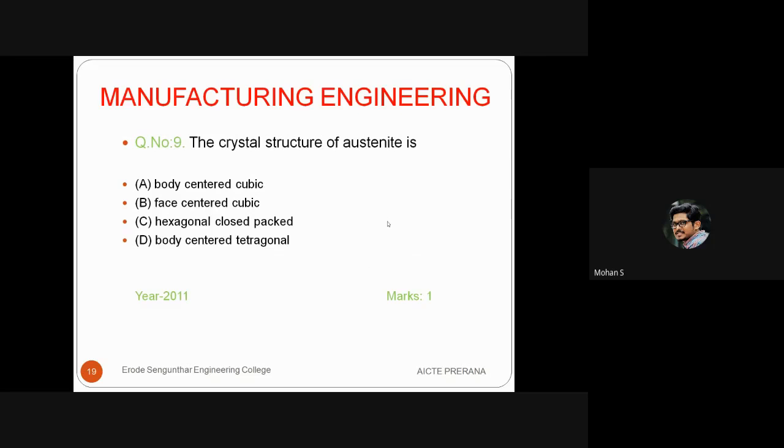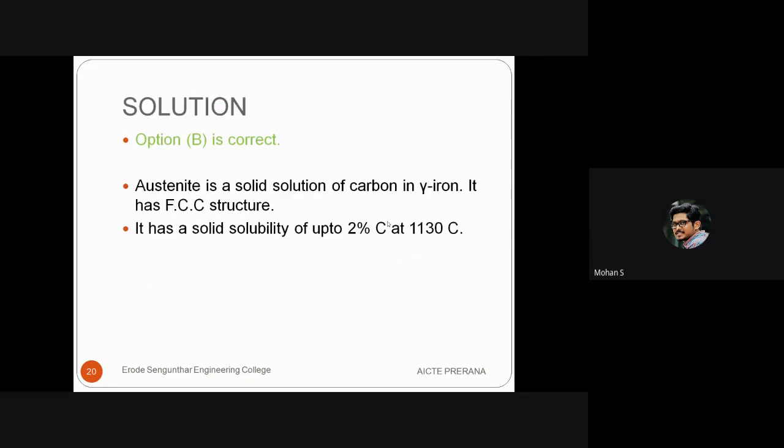It has a face centered cubic structure. In each face there will be an atom present in the center of the face. The answer explanation comes like this: austenite is a solid solution of carbon in gamma iron. It has an FCC structure, a face centered cubic structure.